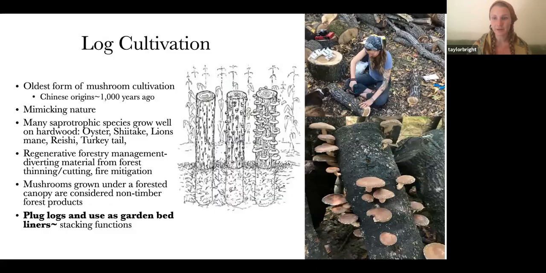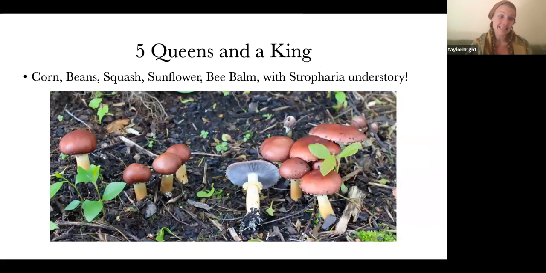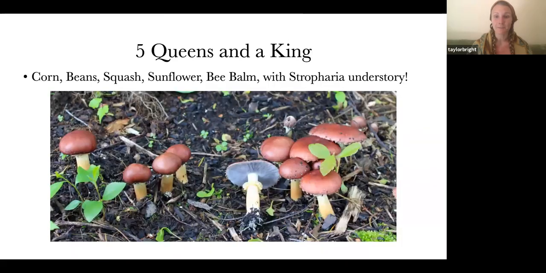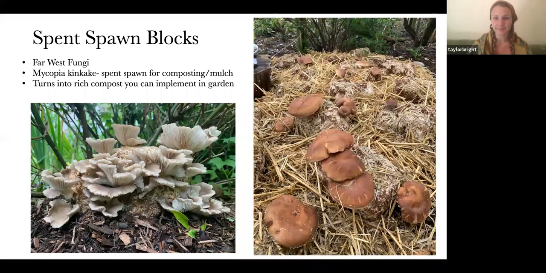So those are my 2 favorite, very easy ways to incorporate fungi in the garden. But you can also take spent substrate. If you have a mushroom farm that's local to you, you can take spent mushroom substrate, which a lot of conventional mushroom farms will just throw out all of their old substrate, but that actually makes incredible compost and mulch.